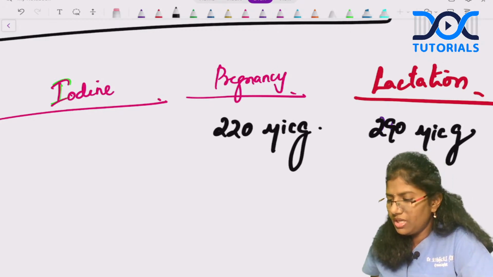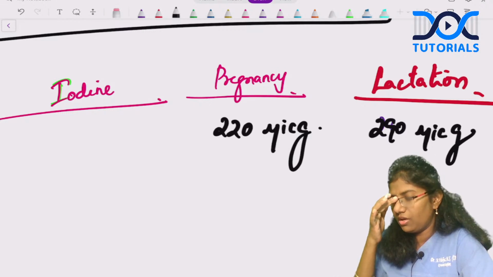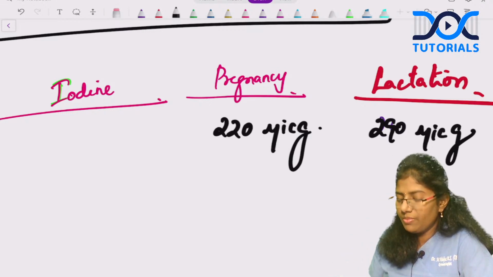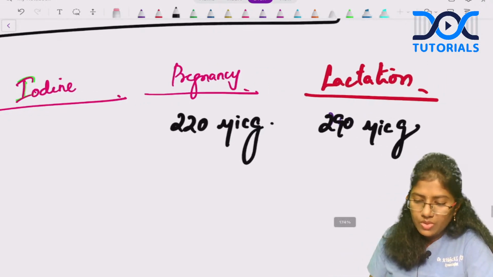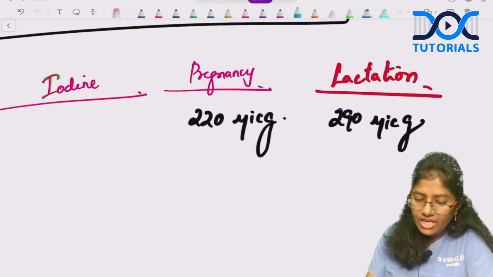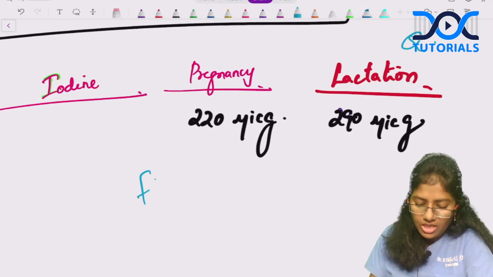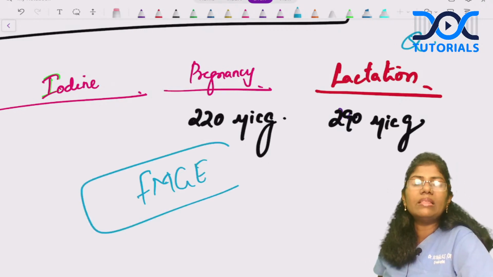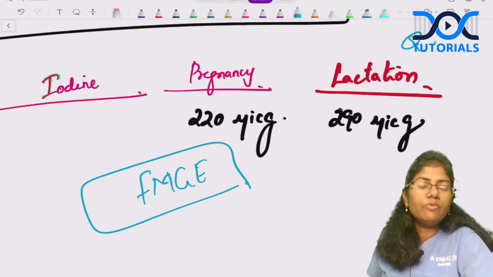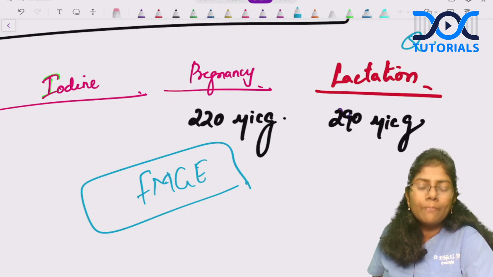So 250 is almost correct. HN, you're very close to the answer, but please remember this question. I'm stressing on this one because it was asked in FMGE 3 years back, and this is a repeat question. We also had this question in NEET PG exam in 2018.